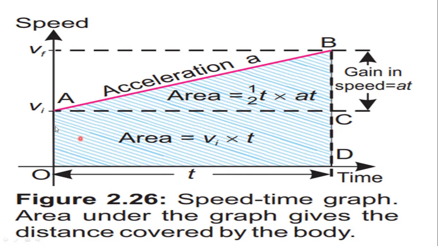The product is the sum, the total length VF plus VI, and then we get this length, which is VF minus VI. For the total length we add these two, VF plus VI. That's why we are using this.